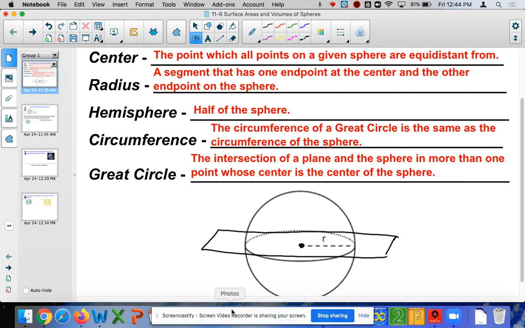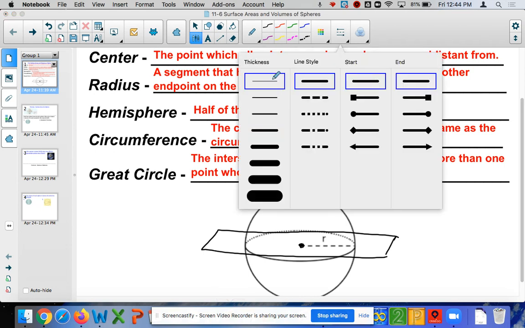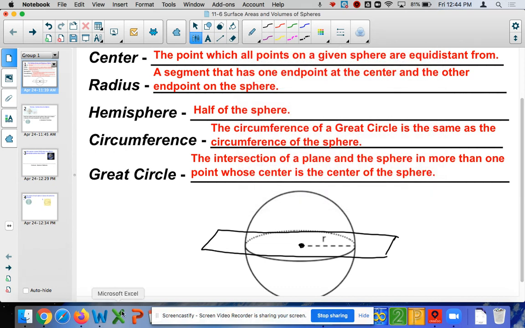Now, I'm going to show you something about the radius. They give you a radius here. We just call it r. So it has one endpoint at the center and the other point on the sphere. So we're going to mark that distance just like that.